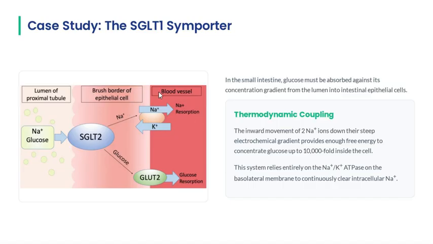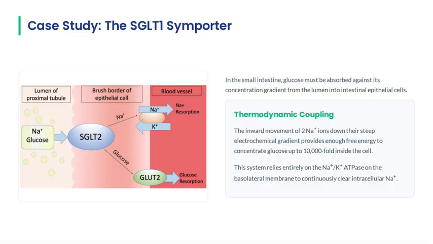But also, don't forget, for every exchange, something has to go out. So the Na+ goes in and the potassium goes out. And this system relies entirely on the Na+/K+ ATPase on the basolateral membrane to continuously clear intracellular Na+.